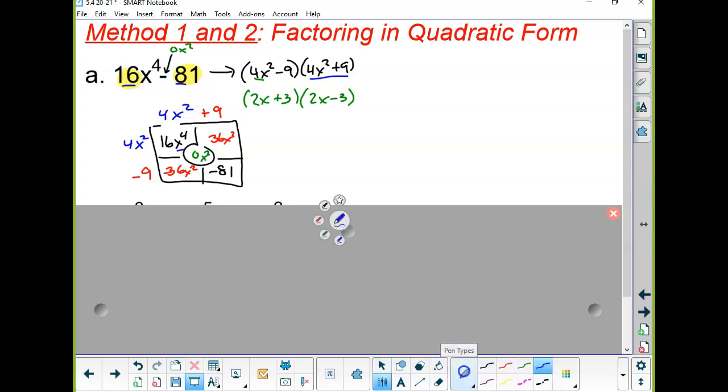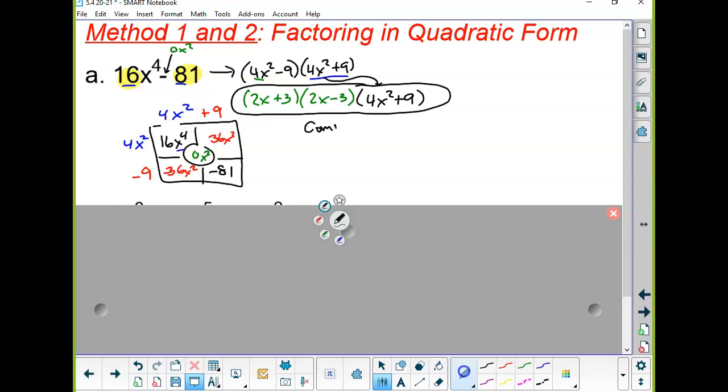We're not done, right? Because that part was from here, so I have to include the part that cannot be broken down as part of my final answer. And this is what we call completely factored. We broke it down as far as it can go.